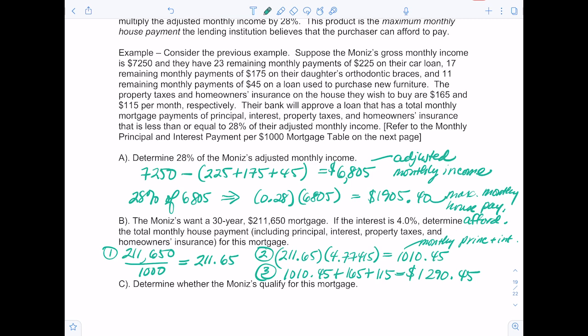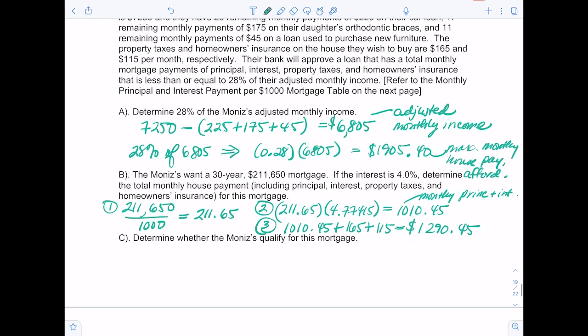Okay, so that's the actual monthly house payment. So in addition to paying for the actual loan for the price of the house, you also have to include the homeowner's insurance, which is required, and property taxes, which also are always required.